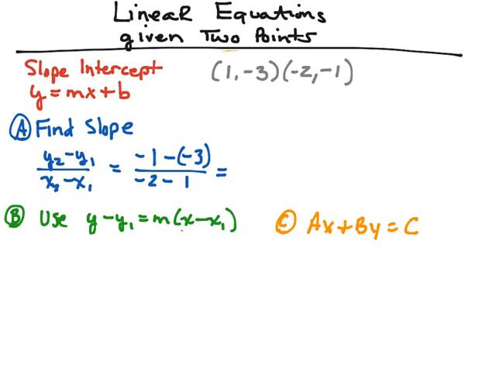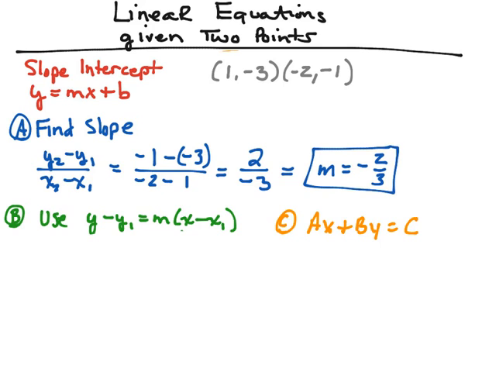Negative 1 minus a negative 3 would be a positive 2. Negative 2 minus 1 is a negative 3. Now in this case, this fraction can't be reduced, so I'm just going to leave it as negative 2/3. So the slope we're going to be working with here is negative 2/3.